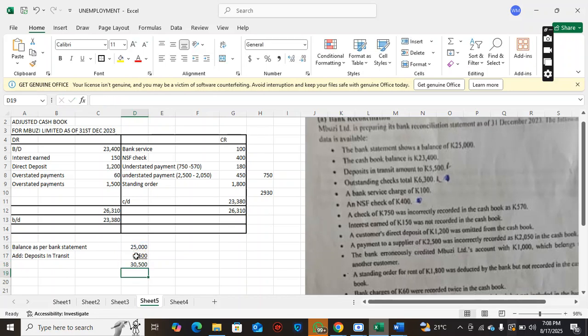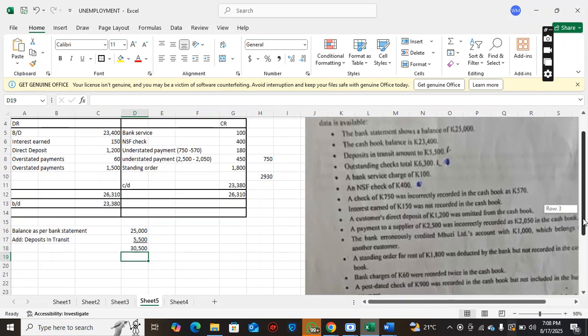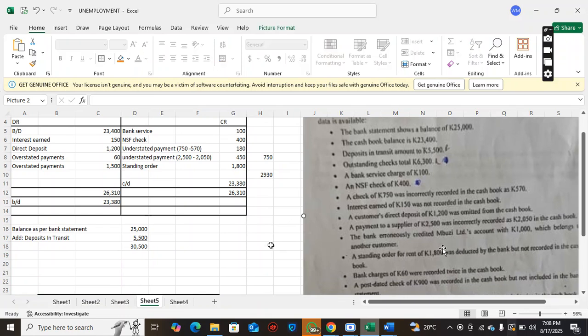Okay, let's see. We had this error where they told us that the bank erroneously credited. So how do we correct this error in the bank statement? Are we going to add it or subtract it? We subtract.